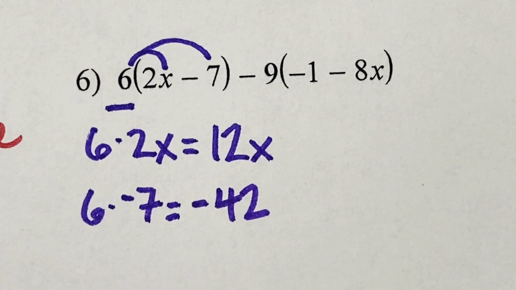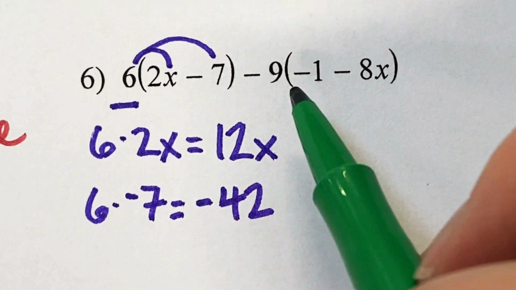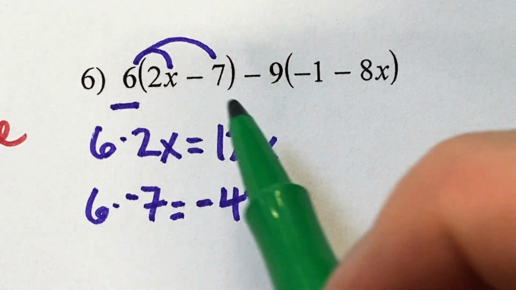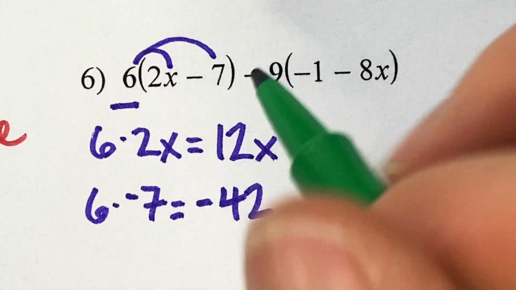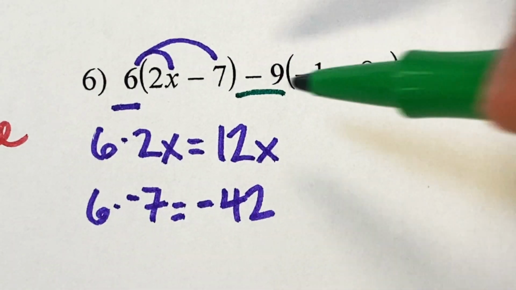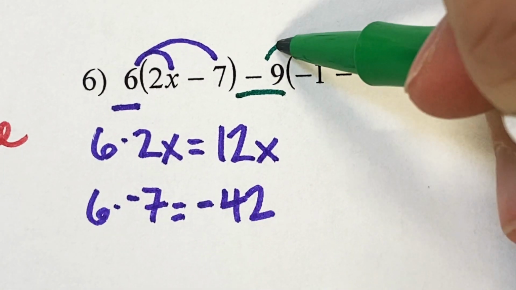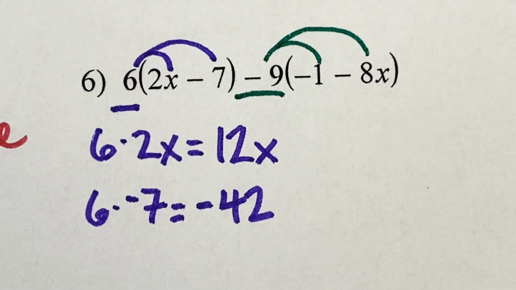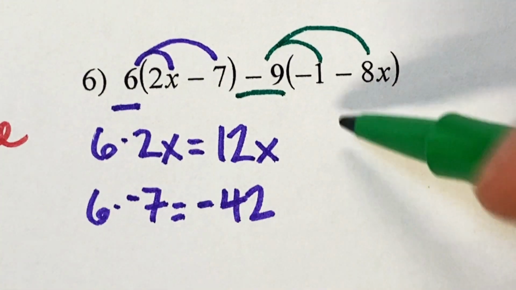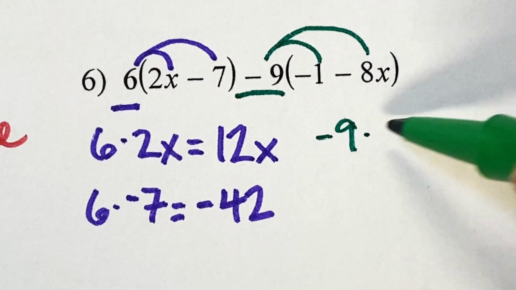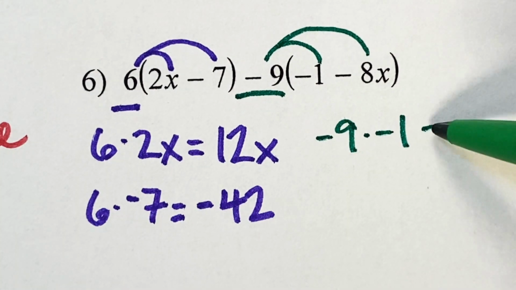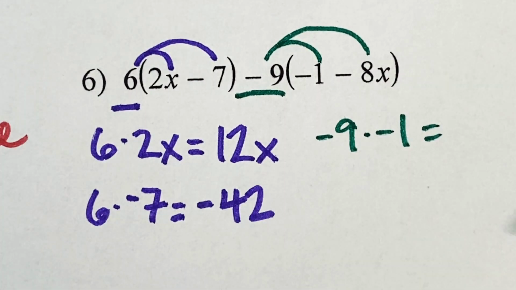So now let's do our second set. The number that needs to distribute in here is what? -9, okay? So -9 needs to multiply to -1 and -8x. So we have -9 times -1. It's going to give me a negative times a negative.